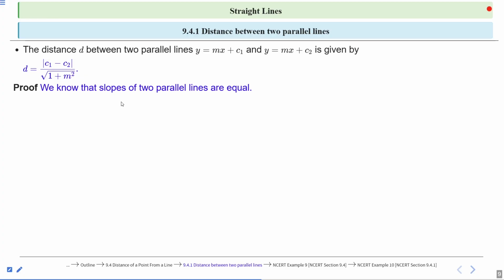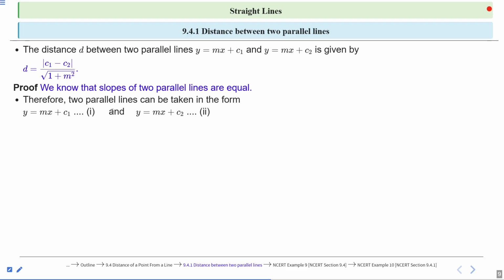So two parallel lines can be taken in the form y equal to mx plus c1 and y equal to mx plus c2. Naming these equations 1 and 2.